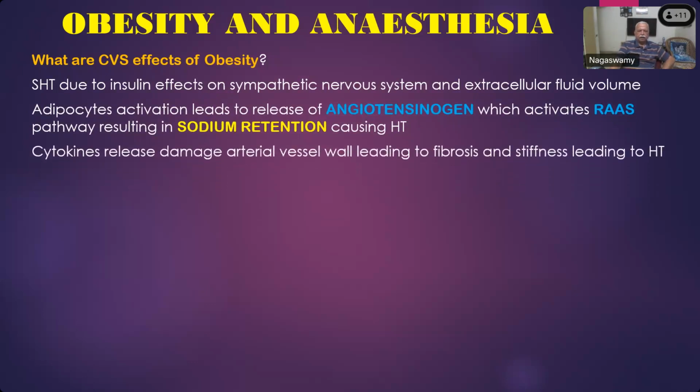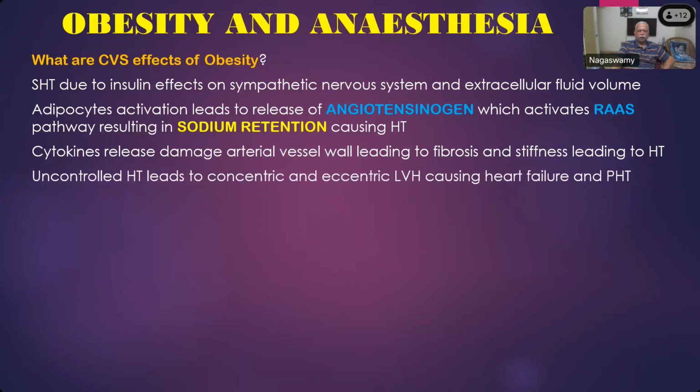Then cytokine release damages the arterial walls, leading to fibrosis and stiffness, leading to hypertension. So these are all the reasons why an obese person will develop hypertension. And uncontrolled hypertension will lead to concentric and eccentric left ventricular hypertrophy, which may result in heart failure as well as pulmonary hypertension.